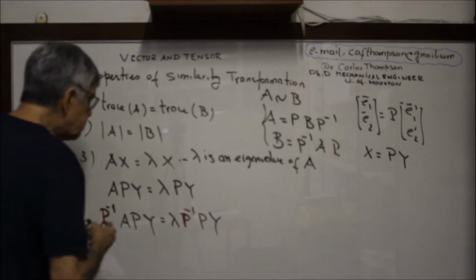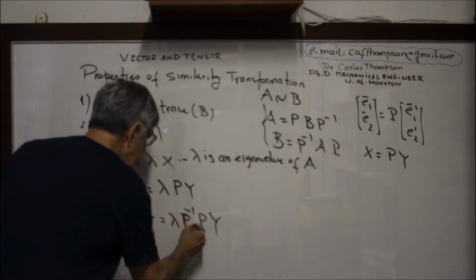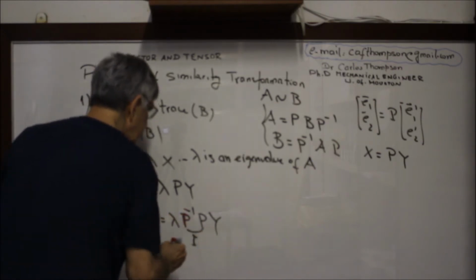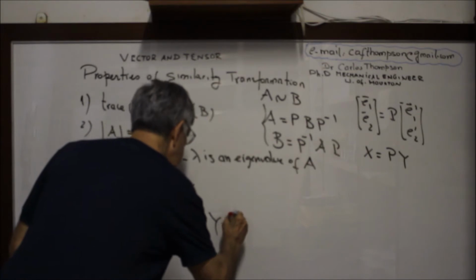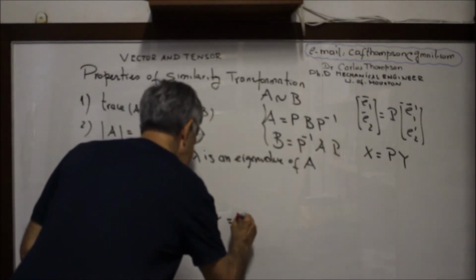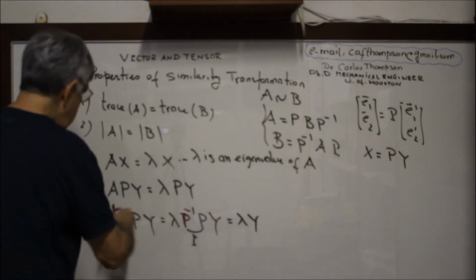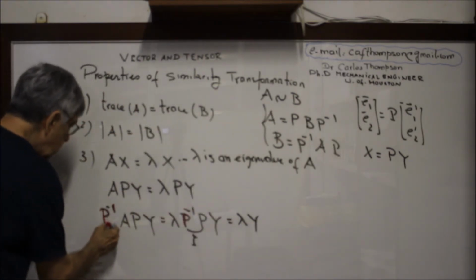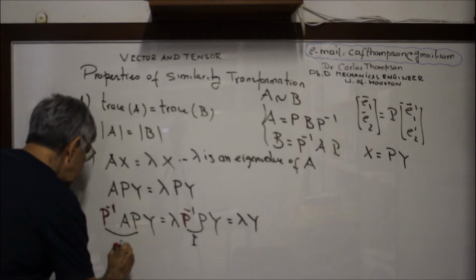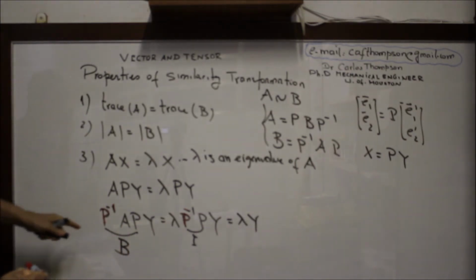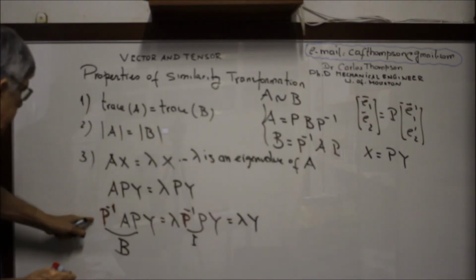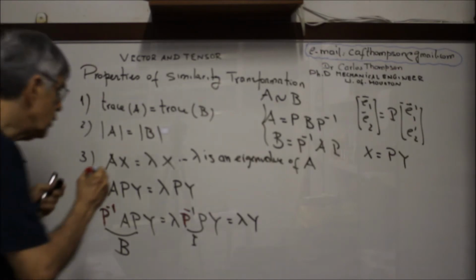Now, what is P minus 1 times P? This is I. So this is equal to lambda y. And also, what is this? This is B. Look at that. B is P minus 1 A P.